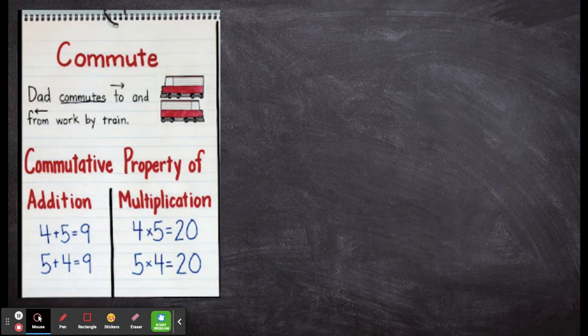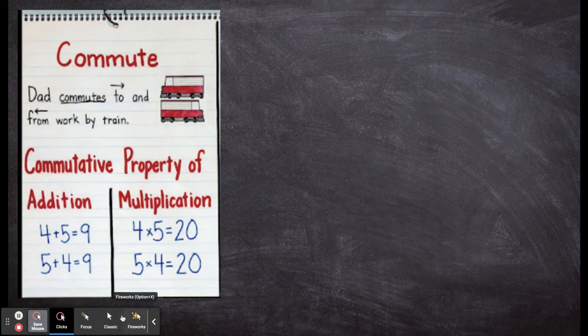So commutative property. As you see here, with the commutative property, we have dad commutes to and from work by train. So commutative property is really easy to identify. And here's why.